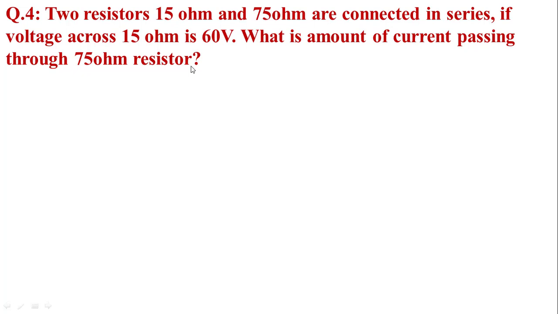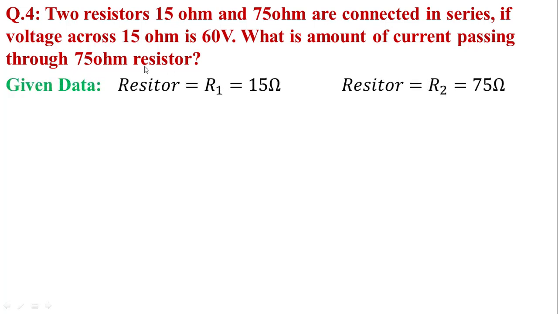So we can calculate the value of current. According to the given statement, we can write the given data. In given data, resistance R1 is equal to 15 ohm and resistor R2 is equal to 75 ohm. Now the voltage V1 is equal to 60 volt.